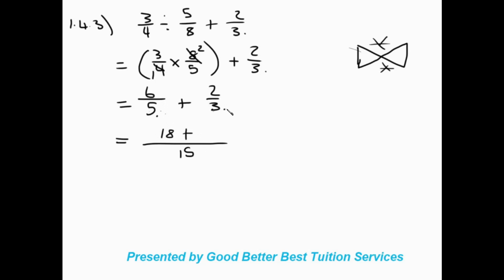We do the same with this fraction on the right hand side. 15 divided by 3 gives me 5, 5 times 2 gives me 10. So once we get that, we can just add it up. We get 28 over 15, which we then turn into a mixed number, which comes out to 1 and 13 over 15. And that is its simplest form. That is the solution for question 1, guys.